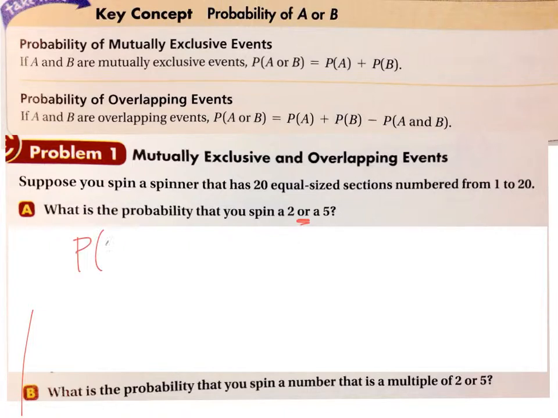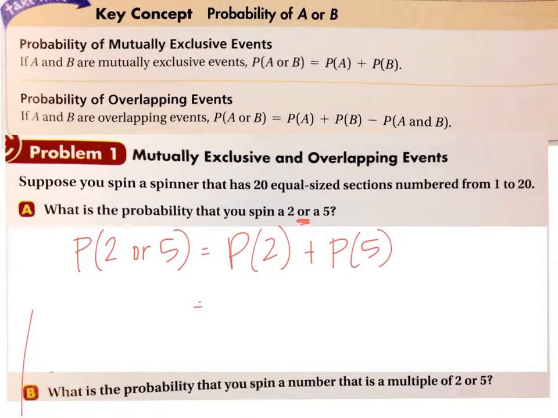So the probability of a 2 or a 5 is the probability of a 2 plus the probability of a 5. That's 1 out of 20 plus 1 out of 20, and I get 2 out of 20, which is 1 out of 10.